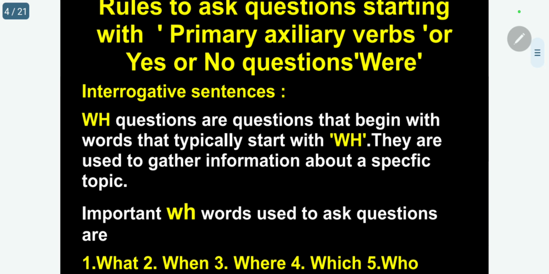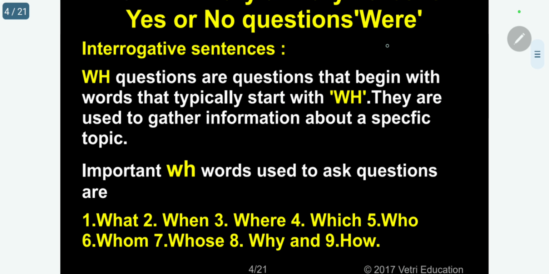The WH questions are questions that begin with words that typically start with WH. They are used to gather information about a specific topic. Important WH words used to ask questions are 1. What, 2. When, 3. Where, 4. Which, 5.